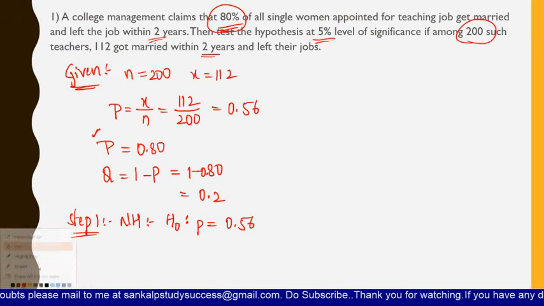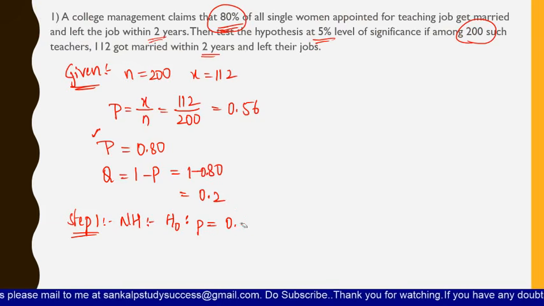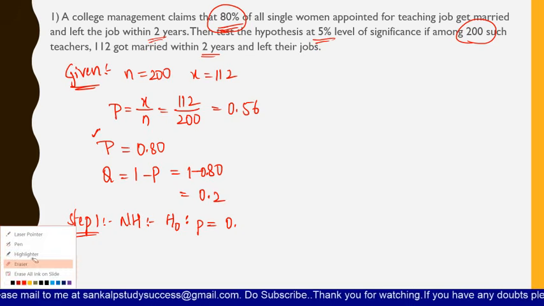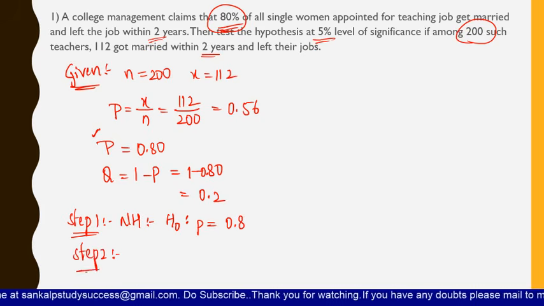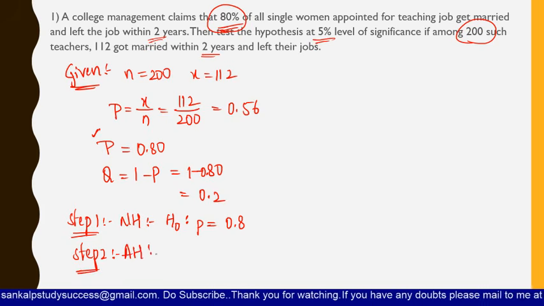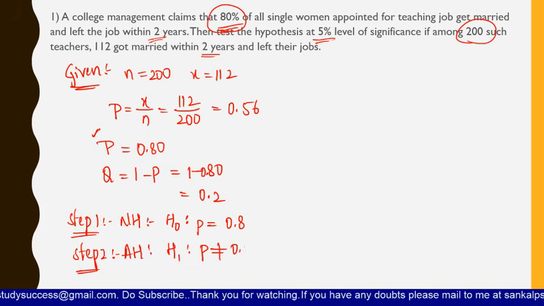That means P is equal to 0.80 or 0.8 if you consider. Now coming to step 2, which is the alternate hypothesis, where H1 is P is not equal to 0.8, because the null hypothesis and alternate hypothesis are exactly opposite, right?